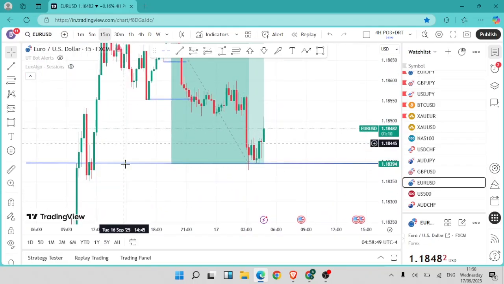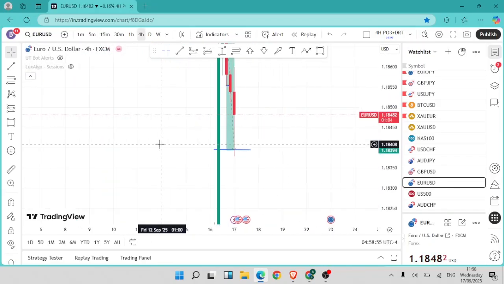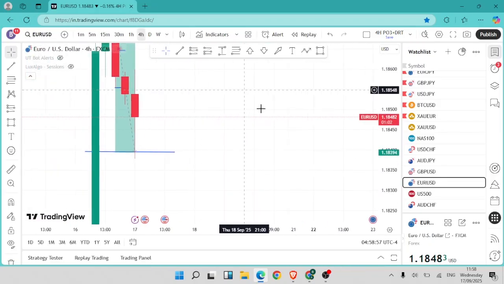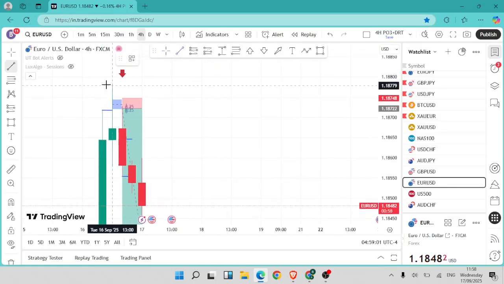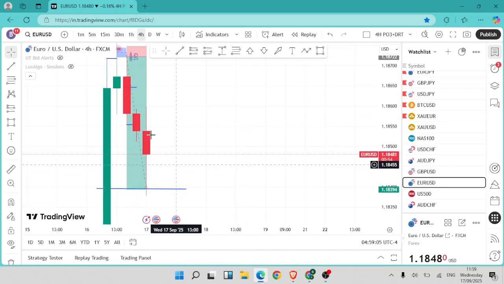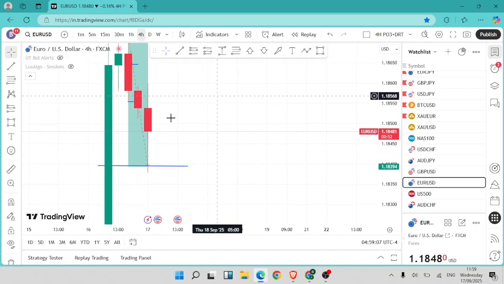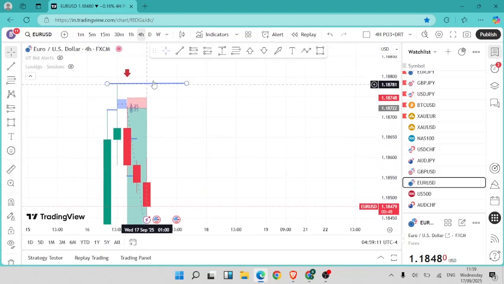And because you are at the 50% of this fair value gap, we are expecting price to react off this 4-hour fair value gap. Let me just show you. For our fair value gap to drive price higher and sweep these highs, we'll still need to have a solid framework or a solid reason why you would want to take price to this point.